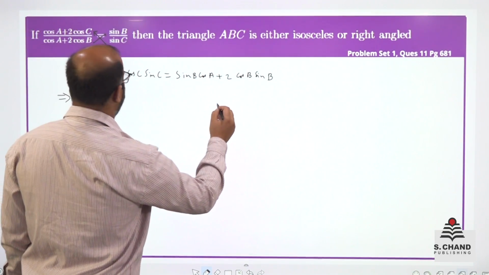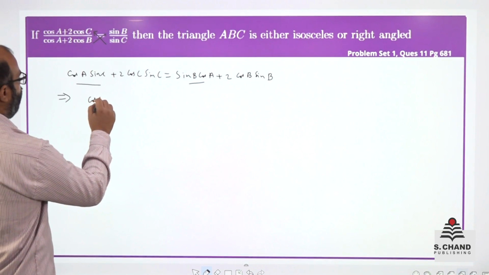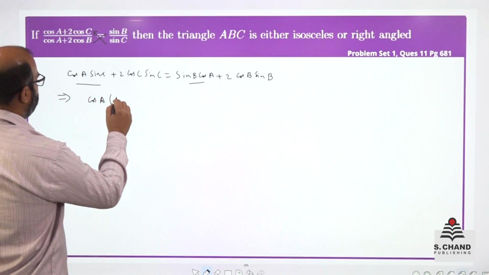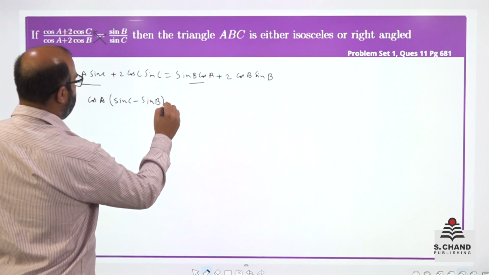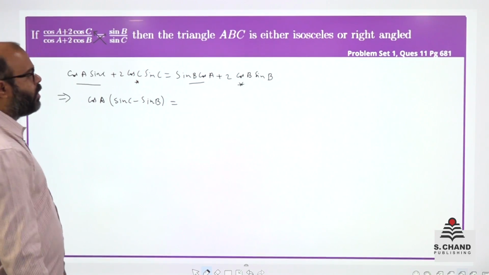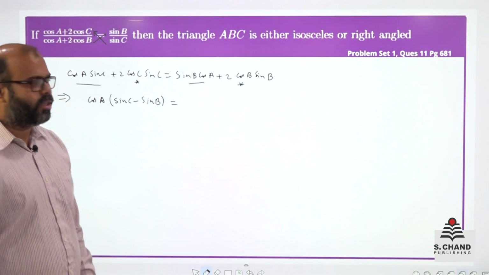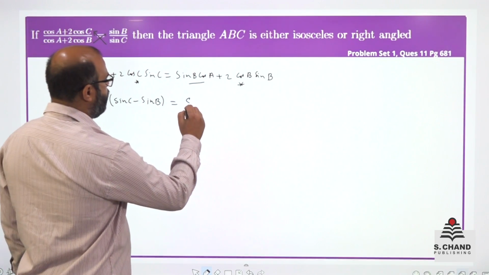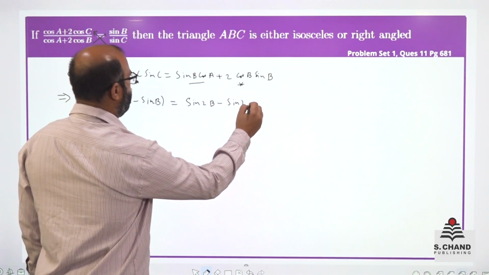In the next step, you can take this one and this one on one side, and you can take cos A as common. So this will become sine C minus sine B, and these two terms on one side, and also you can apply the formula that 2 sine theta cos theta is sine 2 theta. So this will become sine 2B minus sine 2C.